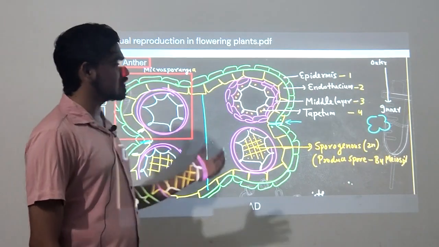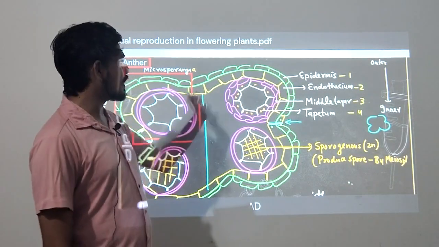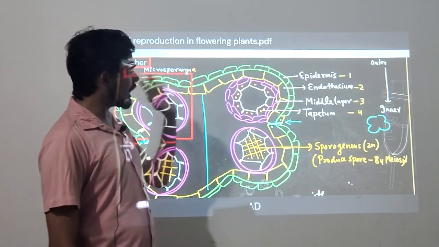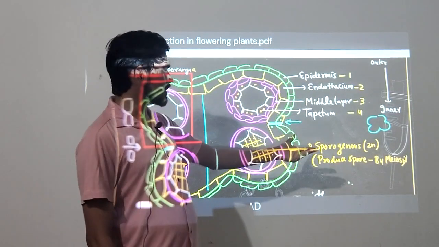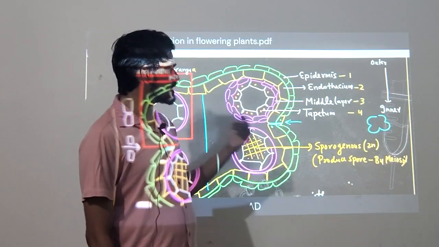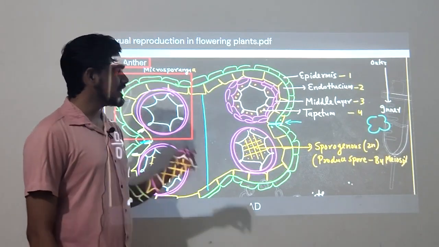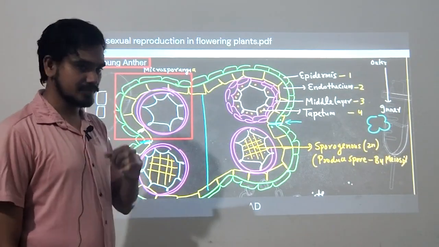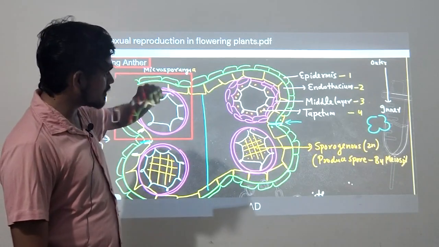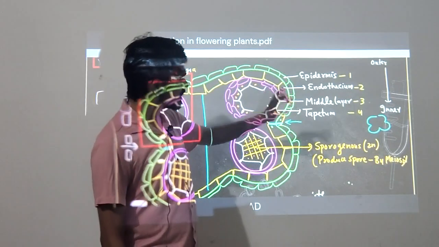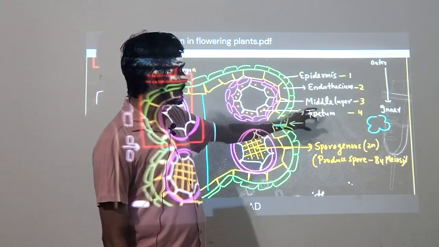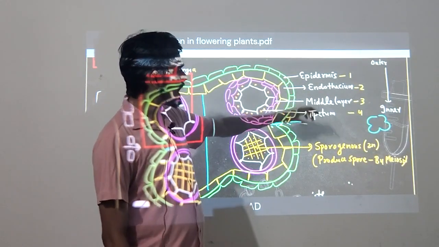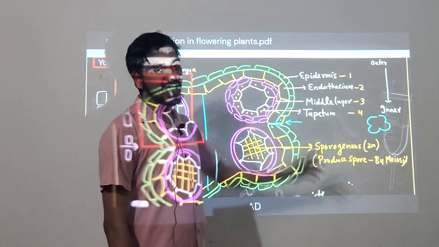We find several layers around the anther. The outermost layer is the epidermis, the second is the endothecium, the third is the middle layer, and the fourth, innermost layer is the tapetum. From inner to outer: the innermost is tapetum, then middle layer, then endothecium, and then epidermis.